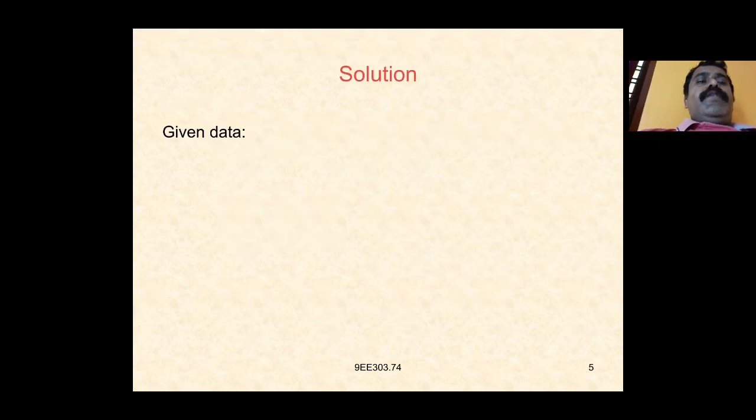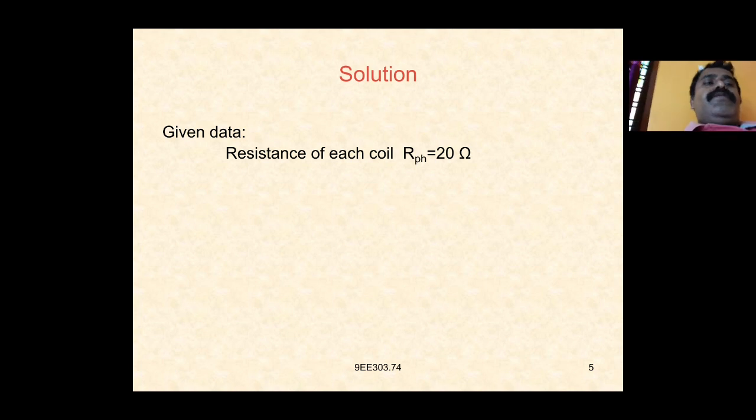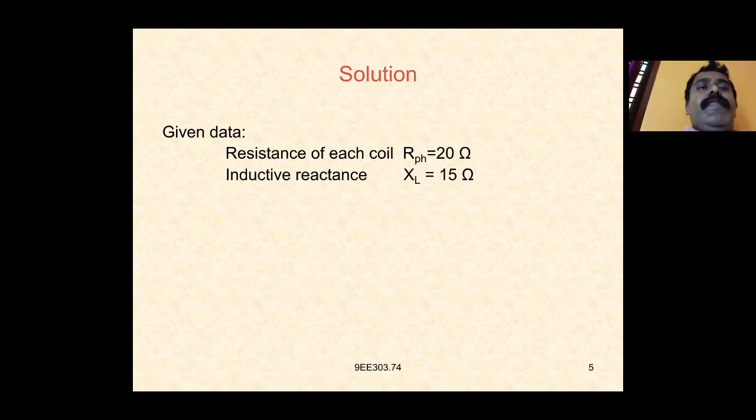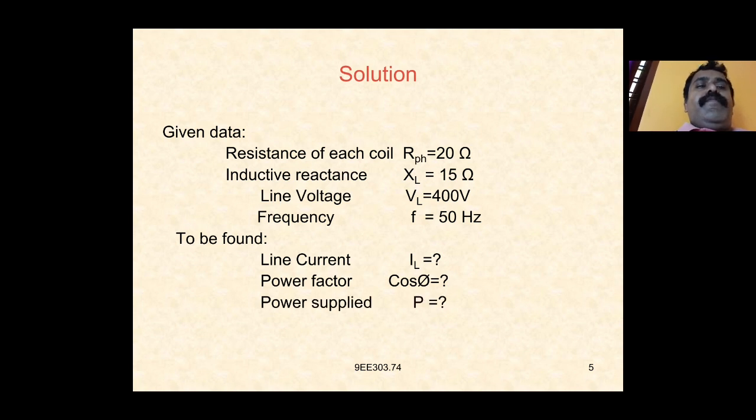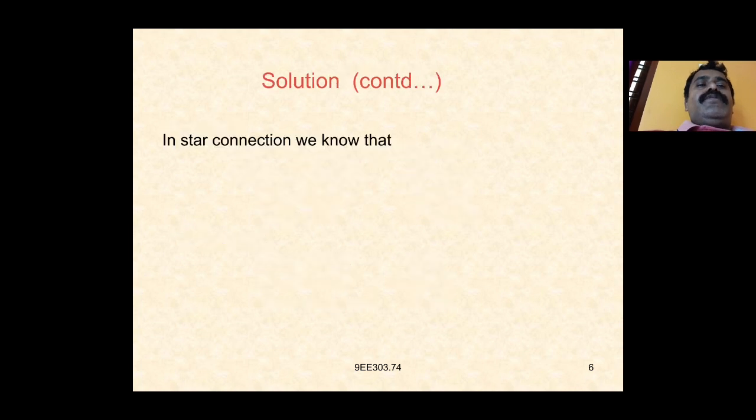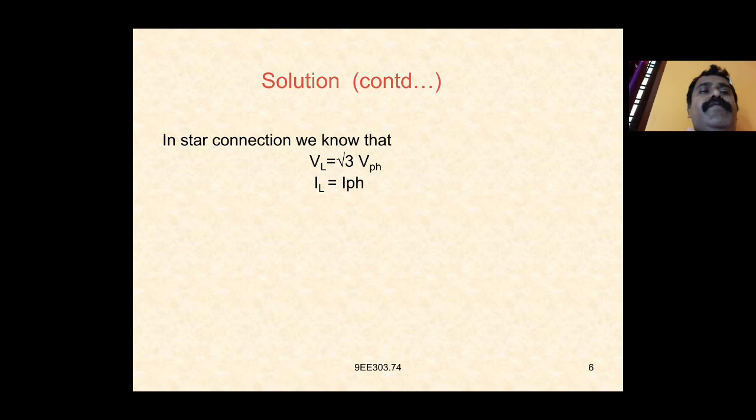Solution. Given data: resistance of each coil R phase is equal to 20 ohms, inductive reactance XL is equal to 15 ohms, line voltage VL is equal to 400 volts, frequency f is equal to 50 Hz. To be found: line current IL, cos phi, and power supplied P. In star connection, VL is equal to root 3 of V phase, and IL is equal to I phase.